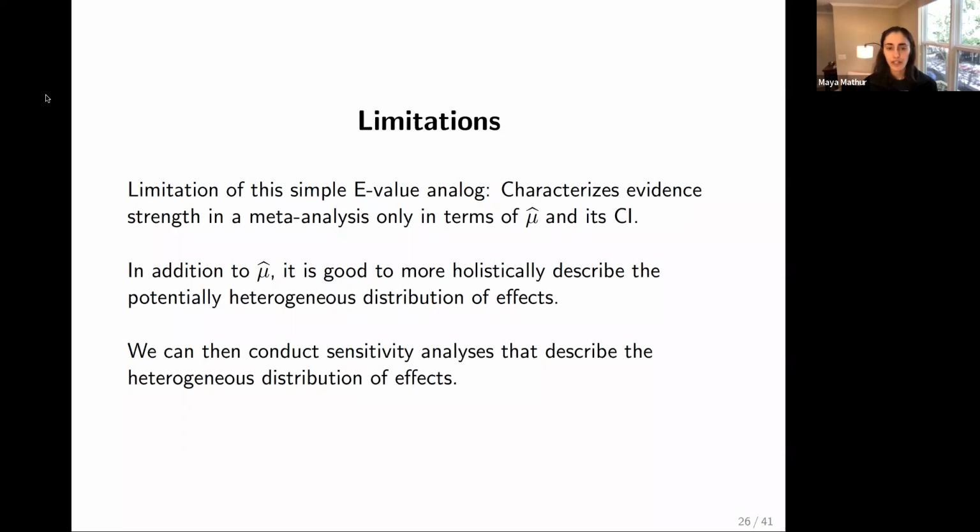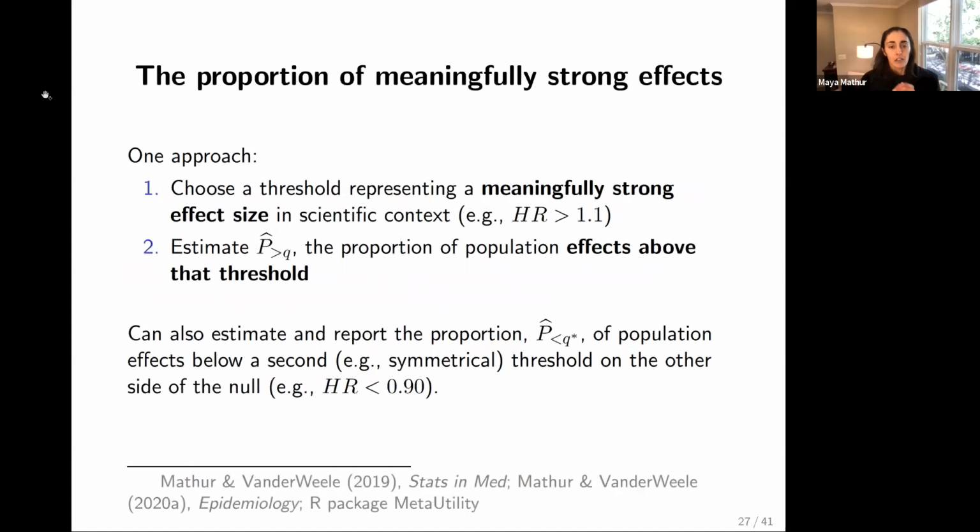Okay, so let's look at a second e-value analog for meta-analyses that gives us a more holistic picture of the distribution of heterogeneous effects. One approach, in addition to measures like prediction intervals, to characterizing the distribution of population effects in a meta-analysis is to look at the proportion of what we might call meaningfully strong effects.